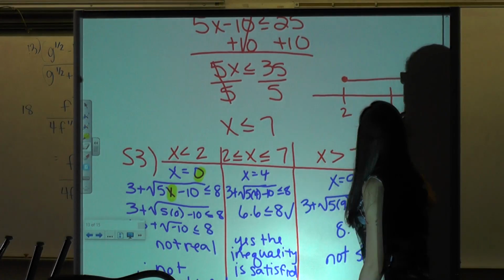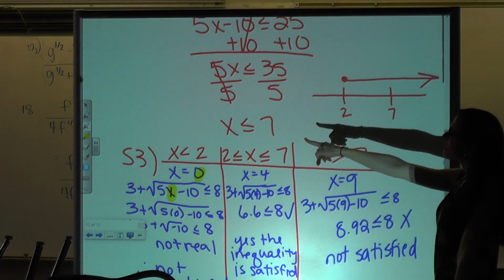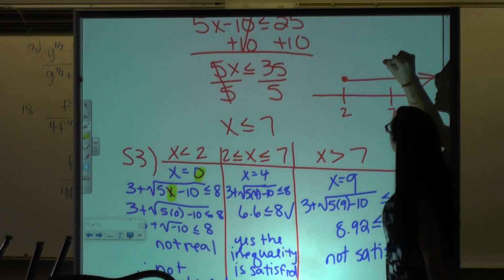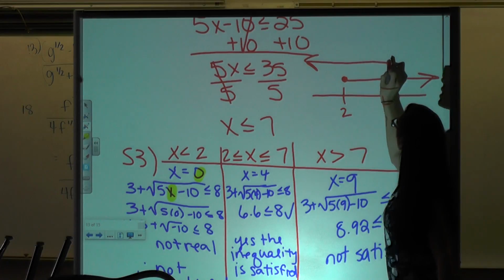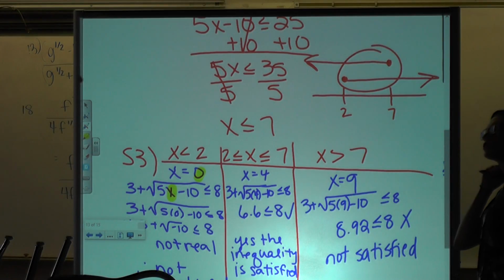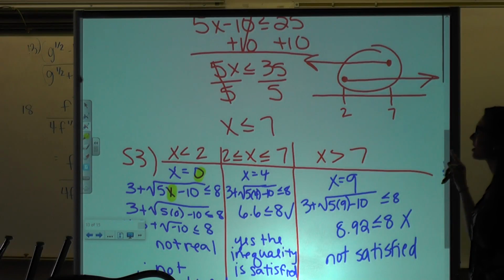That is not a 2, that is a 7. For this one, X is less than or equal to 7. So you go closed dot, go this way. Where are they both at? In this interval right here in the middle. So your 2 has to be less than or equal to your X, which is less than or equal to 7.